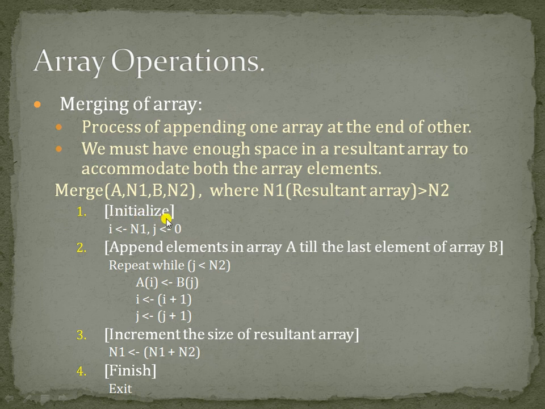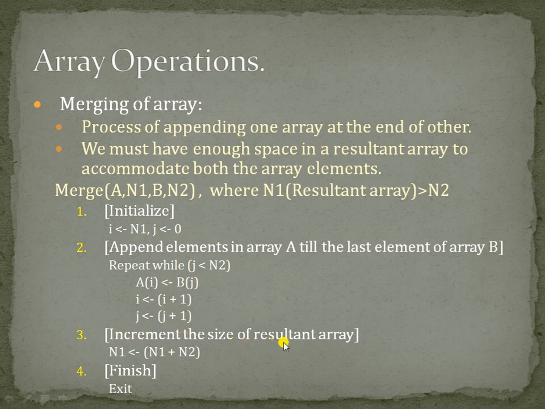In the first step, we'll initialize I to n1 and j to 0. Append elements in array A till the last element of array B. For that, I will repeat till my j reaches the end of array B. I will assign A of I equals to B of j and increment both the pointers at the same time, I as well as j by 1.